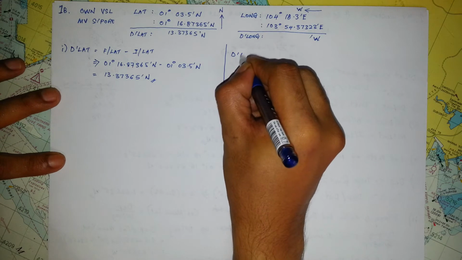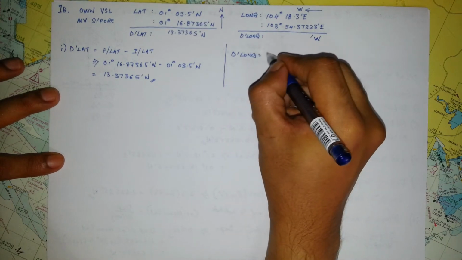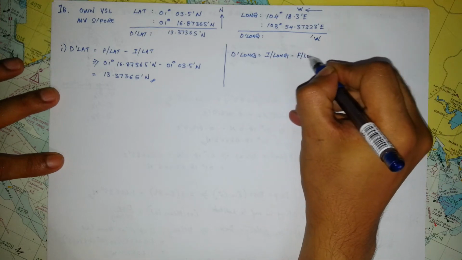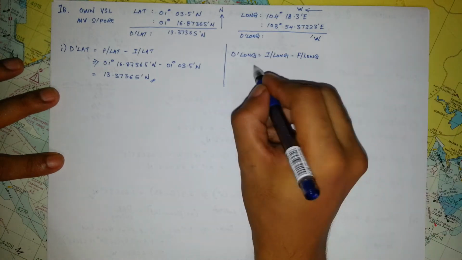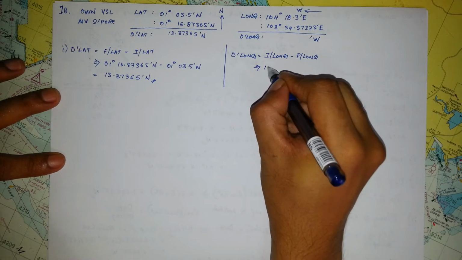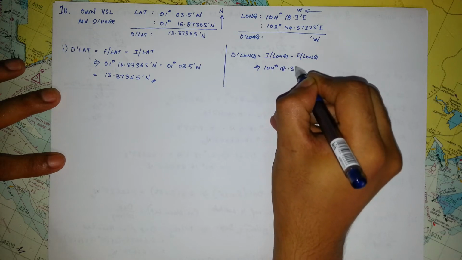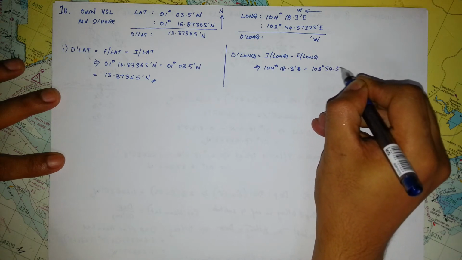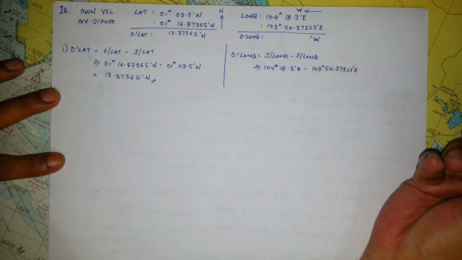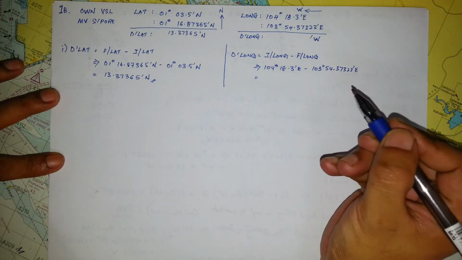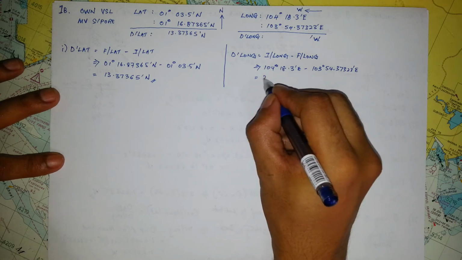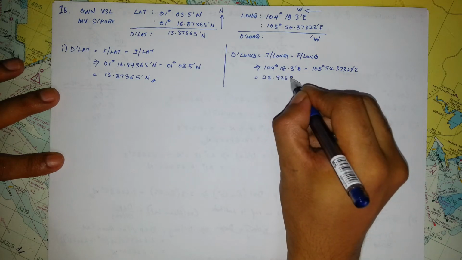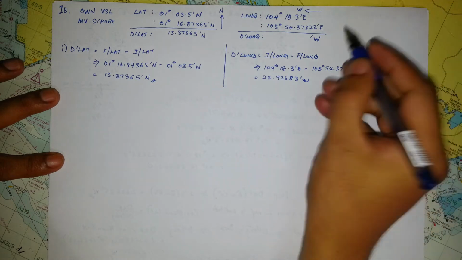So the D-long equals the initial longitude minus the final longitude. 104 degrees 18.3 minus 103 degrees 54.37323, and you will have your D-long as 23.92683 minutes west.